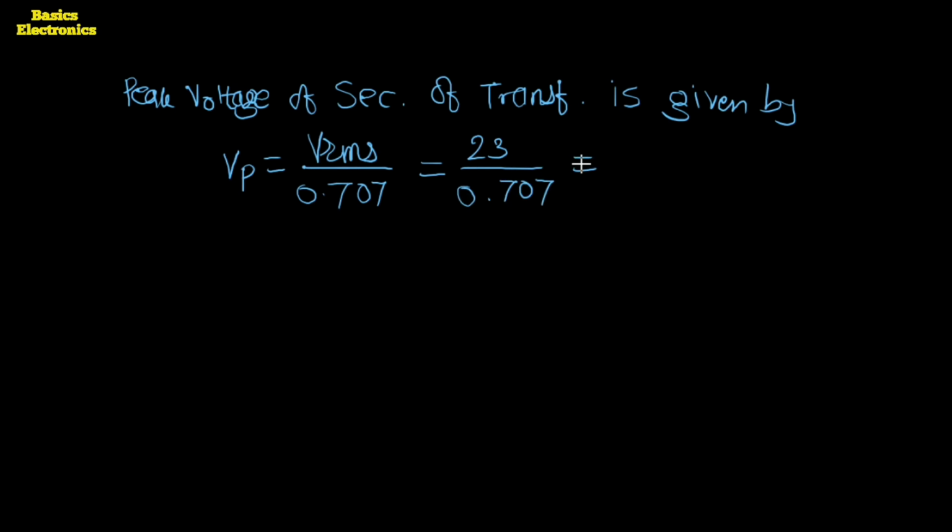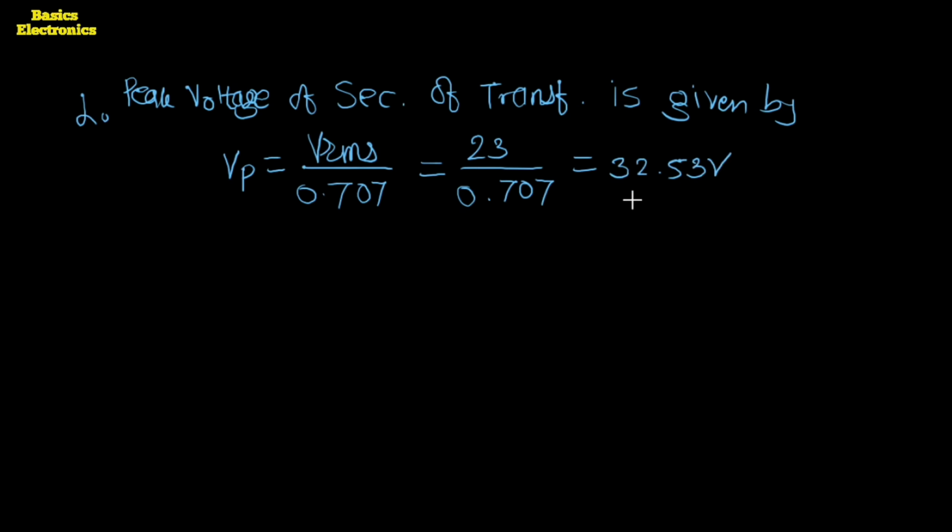What we did: first, we calculated the secondary voltage by using the turns ratio and the primary voltage. The secondary voltage is in RMS value, so we required to calculate the peak voltage of the secondary of the transformer, and it is given by Vp equals Vrms upon 0.707, which is calculated as 32.53 volts.